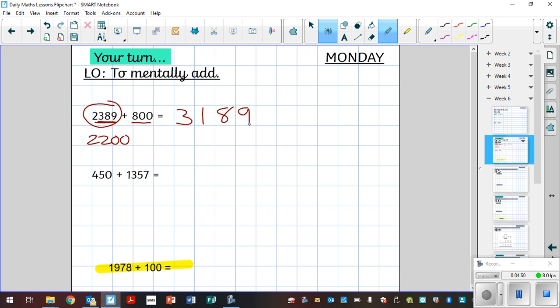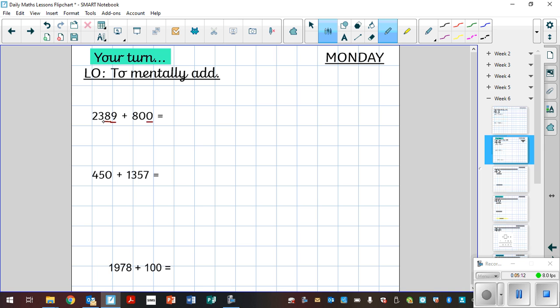How do I know? Let's check again. What's 2,000 plus 800? That's 2,800 plus 300. That's 3,100. And then 89, adding on 0, is 89. Now, you may have done that differently. You may have looked at the ones column and thought, that's going to just be 9.